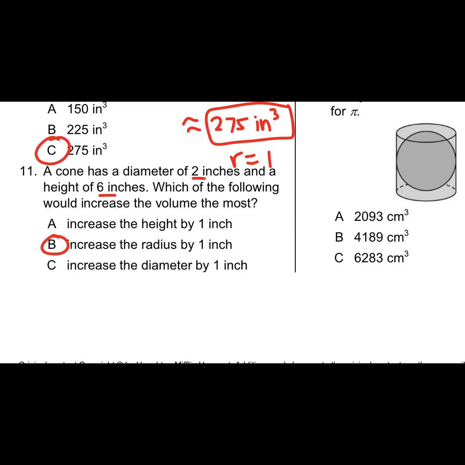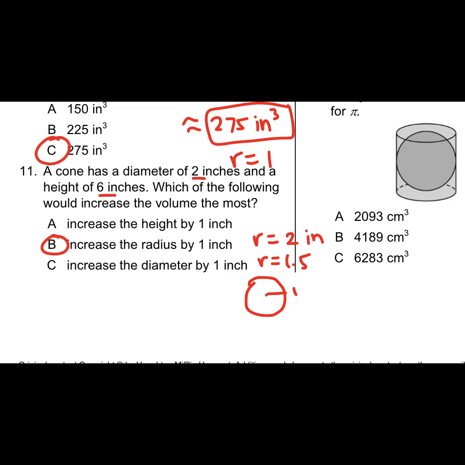Because if you increase the diameter by 1, that's only going to give us a half inch increase in the radius. For answer choice C, the radius is going to be 1.5. This is going to give us the radius of 2 inches.